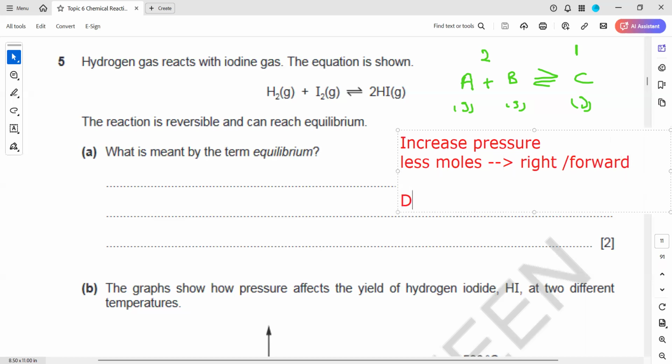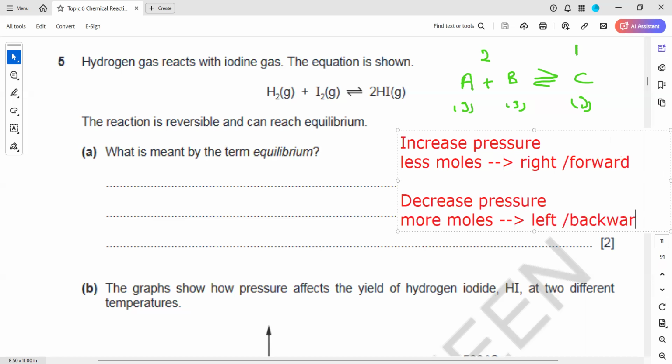And if we decrease the pressure, it will shift towards the side with more moles of gas. So in this example, it should shift toward the left, or backward. That is how the equilibrium is affected by the pressure.